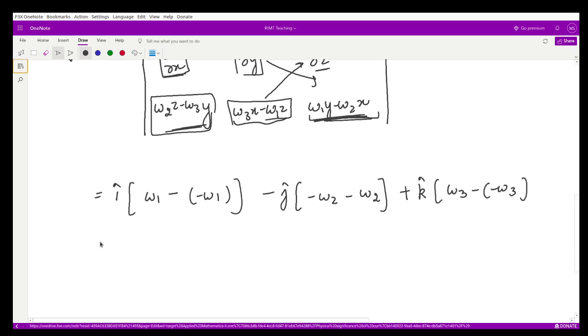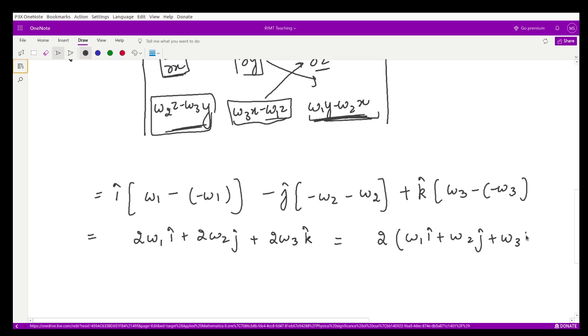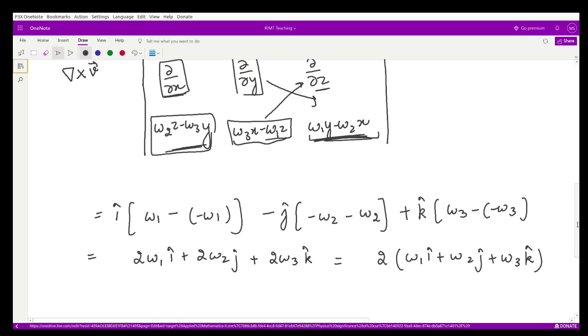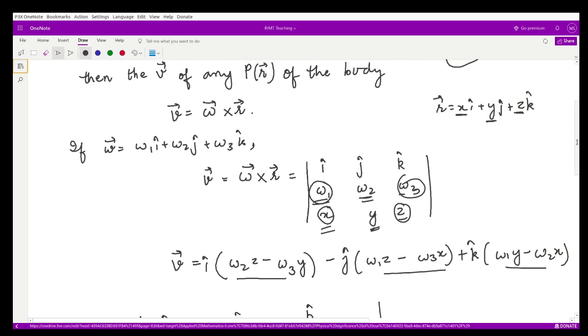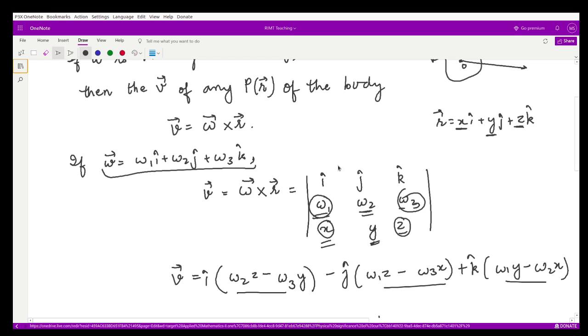So what do you have? You have the value 2 omega 1 i cap plus 2 omega 2 j cap plus 2 omega 3 k cap. Basically it is 2 times omega 1 i cap plus omega 2 j cap plus omega 3 k cap. And what is that? That is the vector for angular velocity that we defined here.